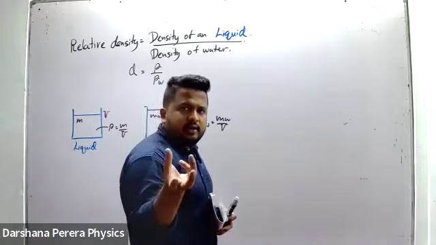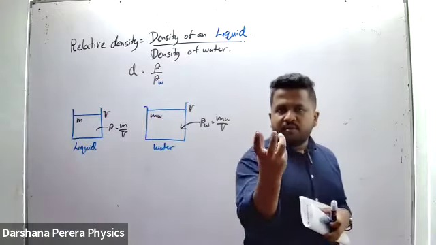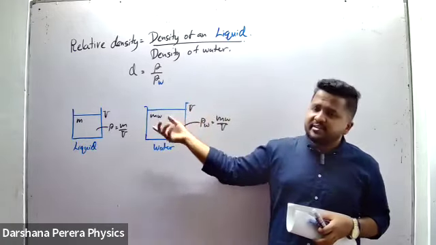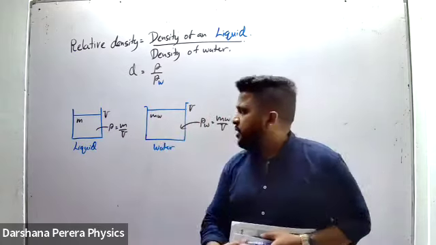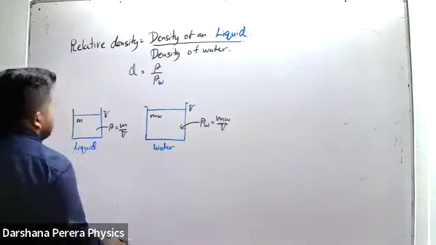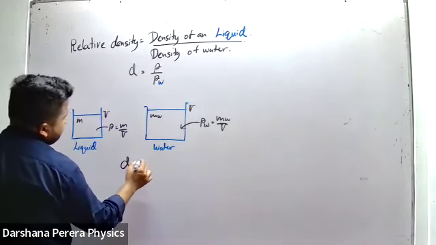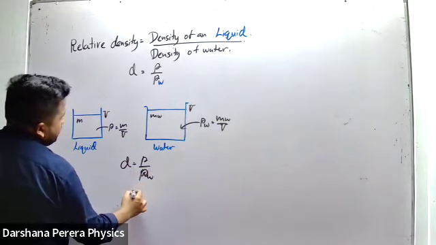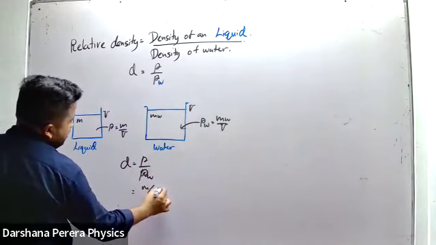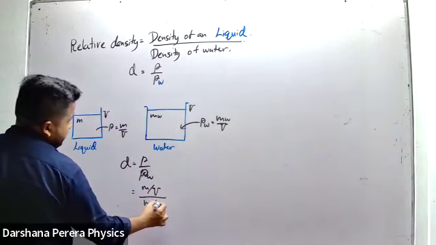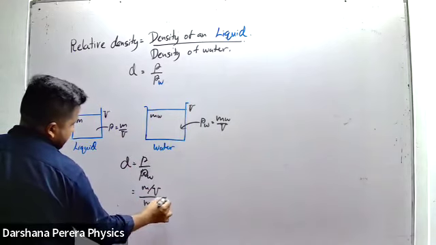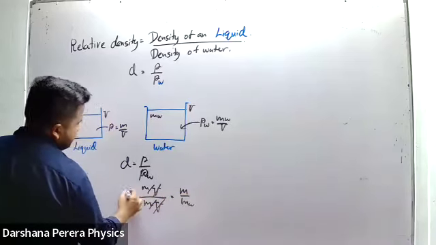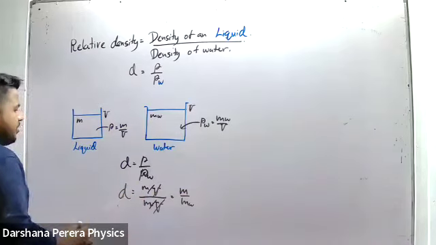We take a container, take the same volume, then consider the mass and take the masses. Then D equals rho over rho W. Rho means M over V, rho W means MW over V. V and V cancel out. M over MW. D equals M over MW. Right?